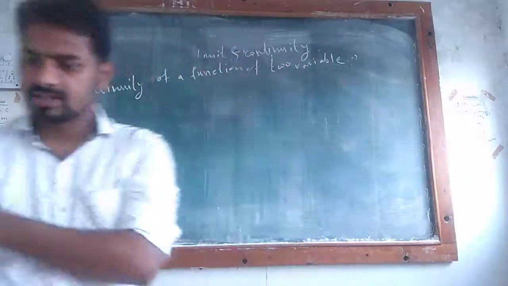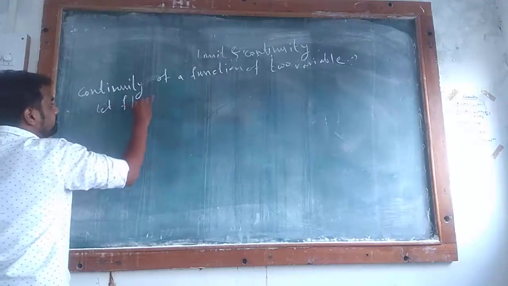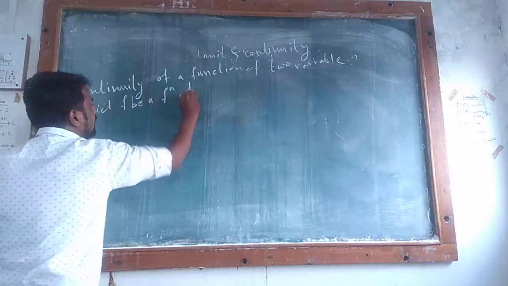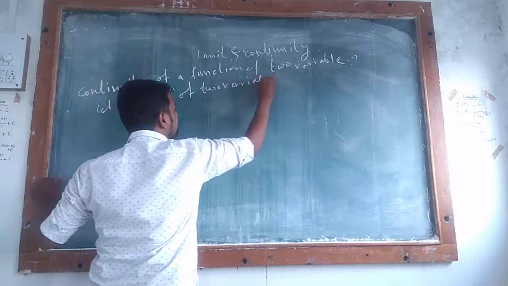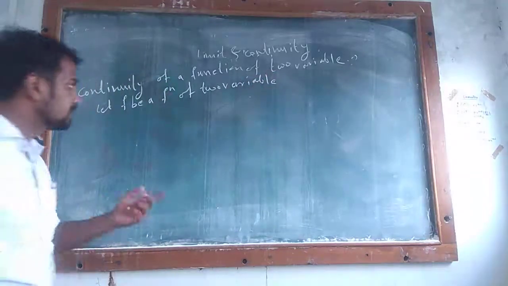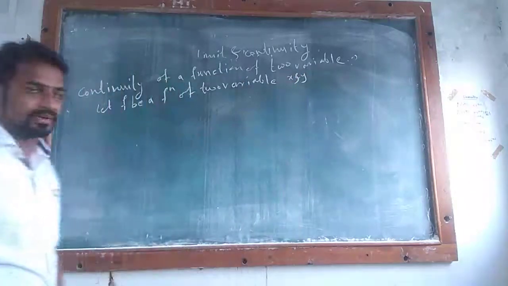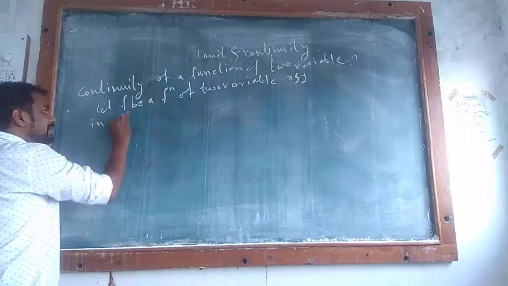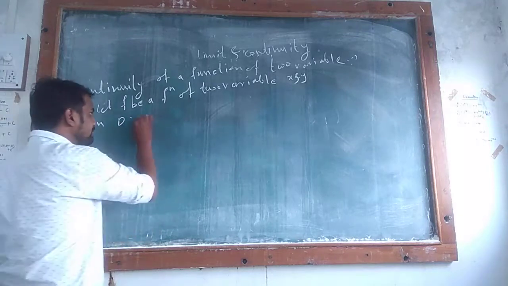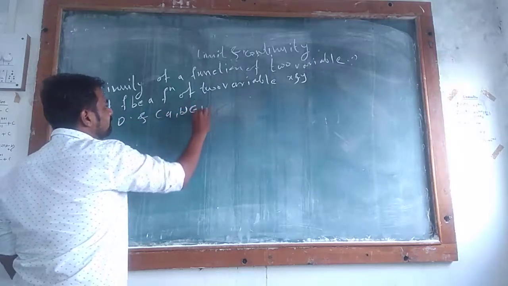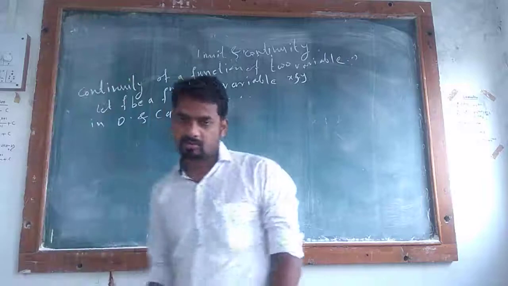Now, firstly we discuss the continuous function of two variables. Let f be a function of two variables x and y in a domain D, and (a, b) belongs to D, a subset of R square.